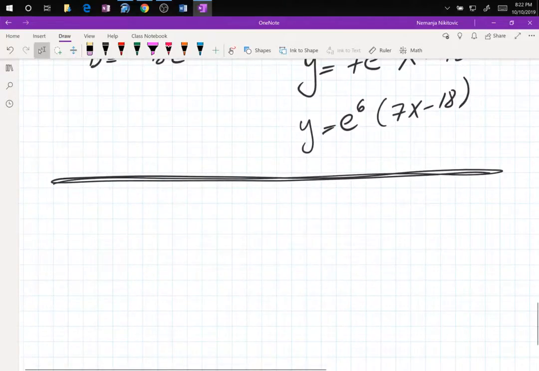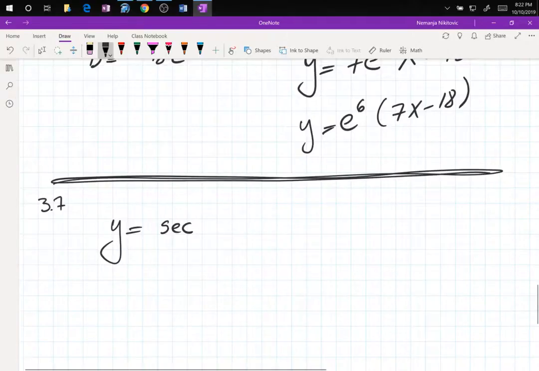Let's take a look at the chain rule from 3.7. Say y is equal to, let's do your favorite, secant of, I know you love this stuff, so, right? How about a secant of square root of x over 2?